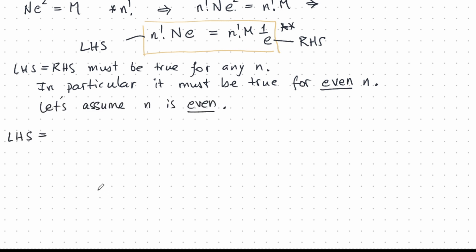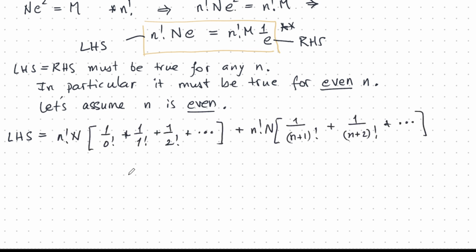Let's examine the left-hand side now. I can split up my left-hand side like this, where the first part goes up to 1 over n factorial. Let's try to write that neatly. Okay, so we saw this before.